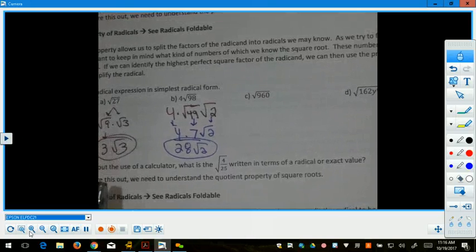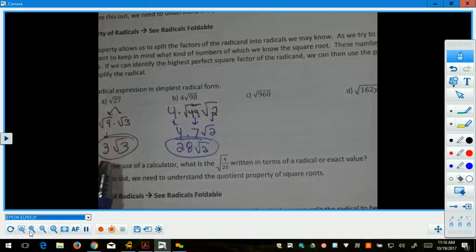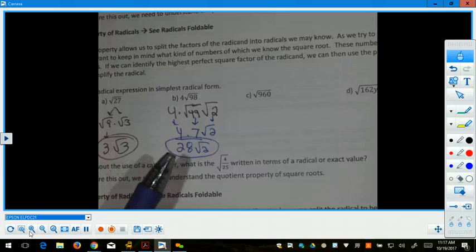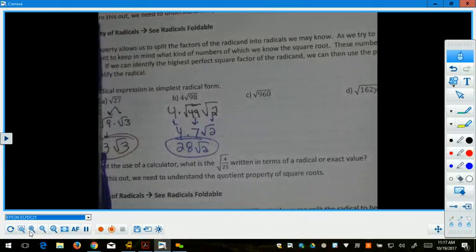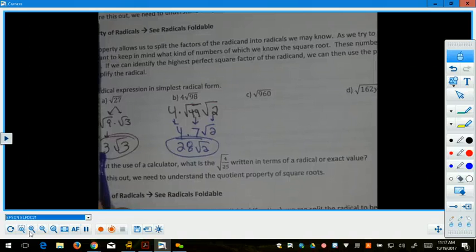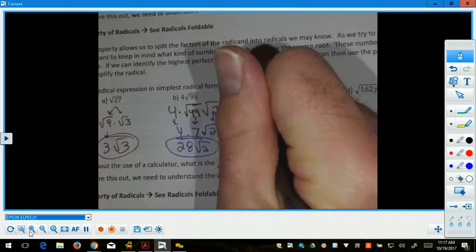(16 times 4) 64. I think it's 64. Did anybody else get that?